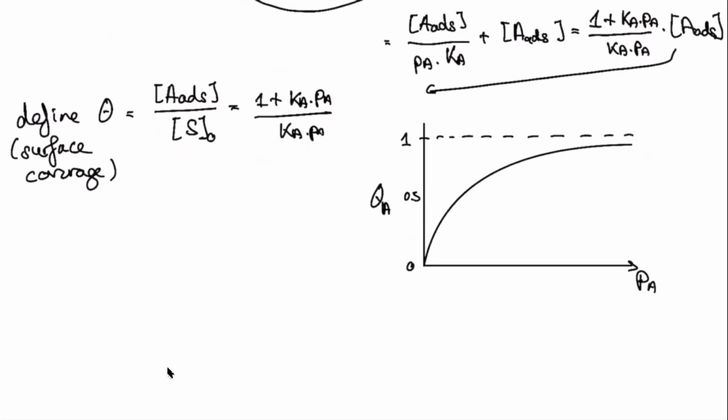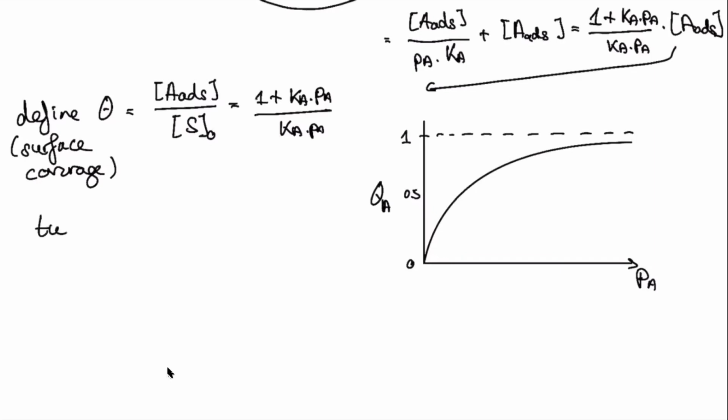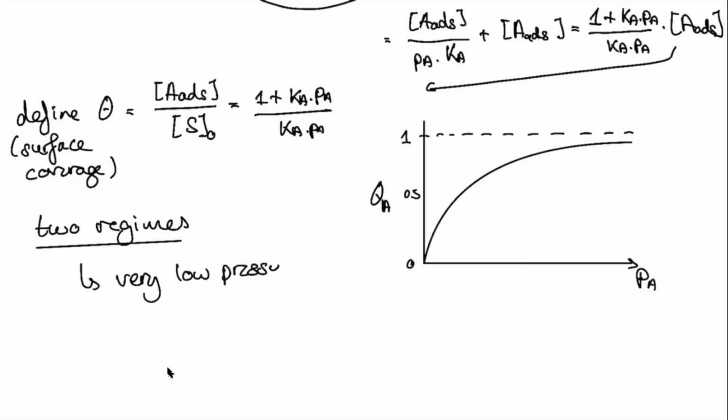So there are basically two regimes. There's the very low pressure or concentration if you're in solution. So Ka times Pa is much smaller than 1.